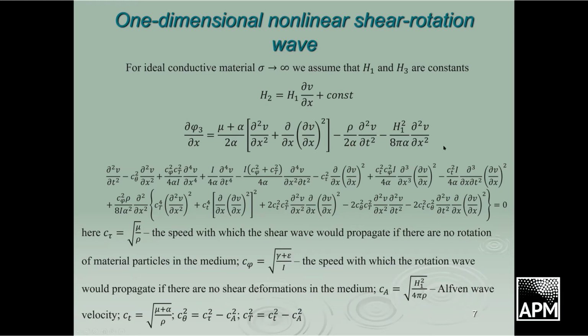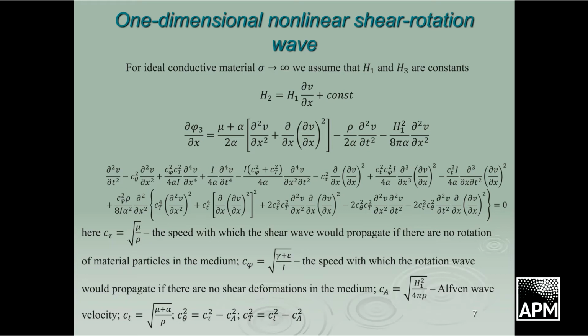Taking into account all these factors, we can rewrite our initial system of magnetoelasticity in the form of a single nonlinear partial differential equation with respect to displacement. Here, C with index tau is the speed with which the shear wave would propagate in the absence of rotation of particles in the material.